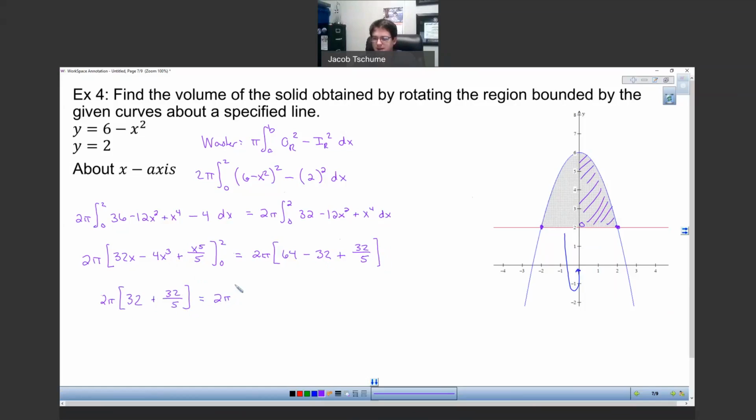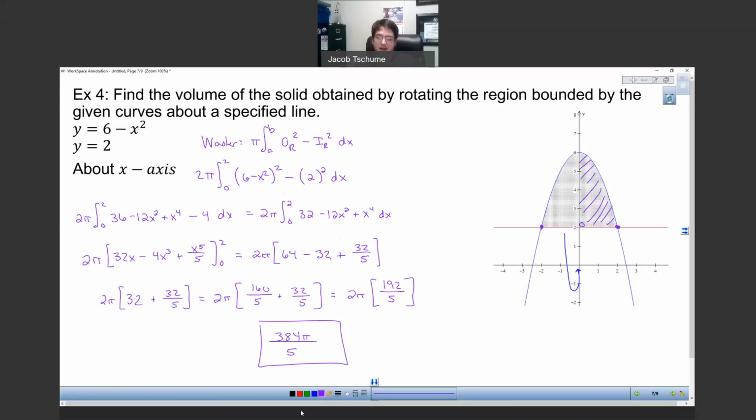Getting common denominators, 32 with a 5 on the bottom would be 160 over 5 plus 32 fifths, which would be 2 pi times 192 over 5. And if you double that parameter and put the pi in there, you should get, mental math here, 384 pi over 5.